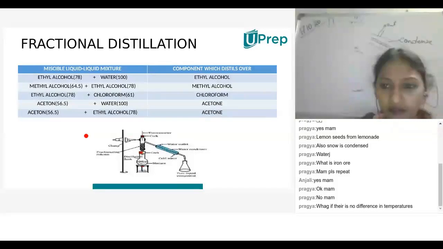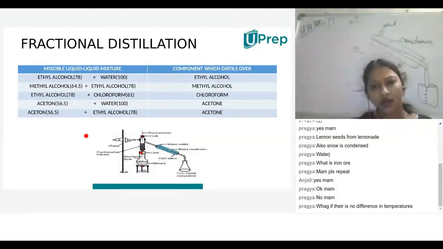Yes, but simple distillation is used in normal laboratory technique. It doesn't require more accuracy, required temperature, or standard conditions. Fractional distillation requires many conditions to do.